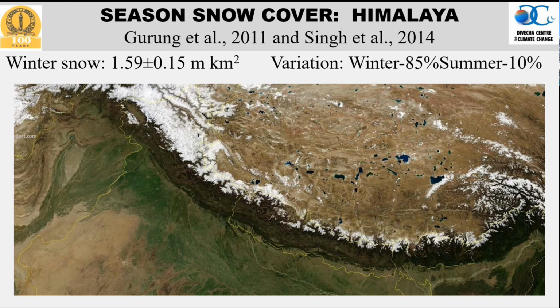So that is from 85% to 10% variation in snow cover. That means from winter to the end of summer, the seasonal snow melts and produces significant water into these three river systems.